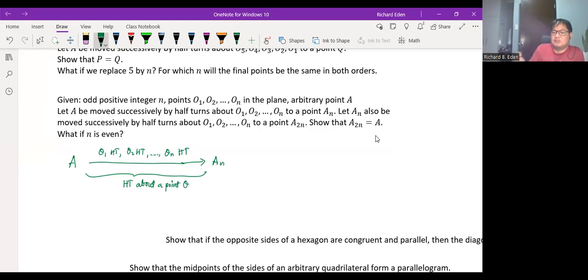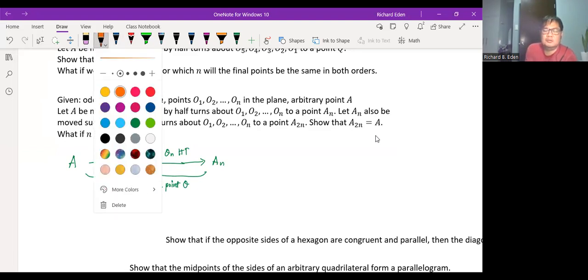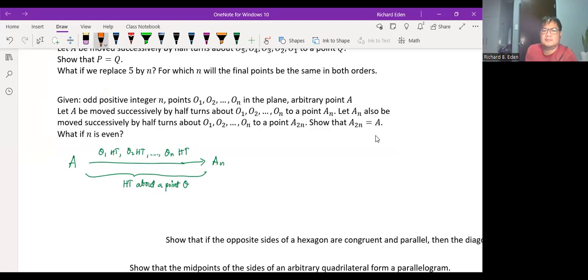Wag na natin hanapin yung point na yon, but there is such a point, and let's call that point O. Ngayon, what we intend to do is on A sub n, do the same steps: half turn about O1, half turn about O2, and then half turn about O sub n. So the result is going to be A sub 2n.